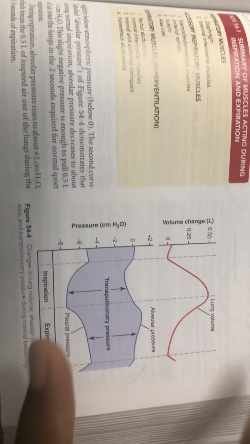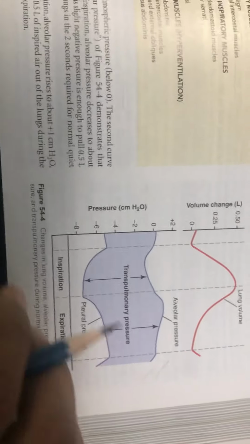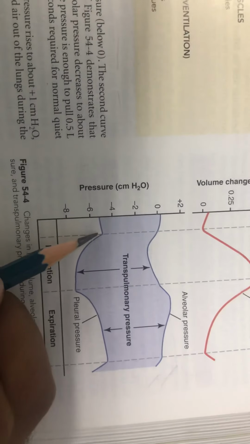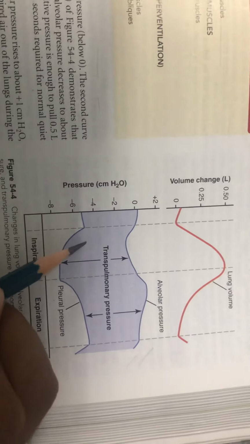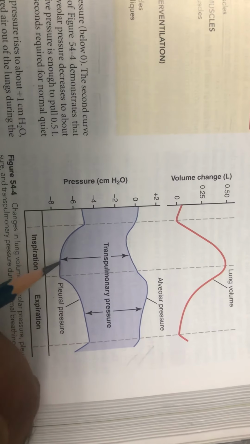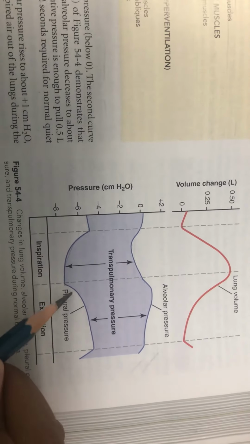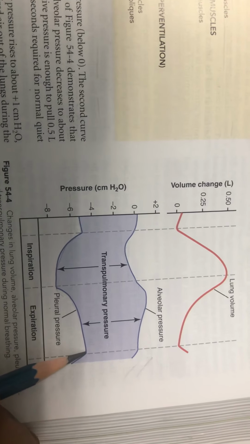Now when we talk about this graph, your pleural pressure first was -5 at the beginning of inspiration, and then it becomes -7.5, and again it becomes -5 in expiration.